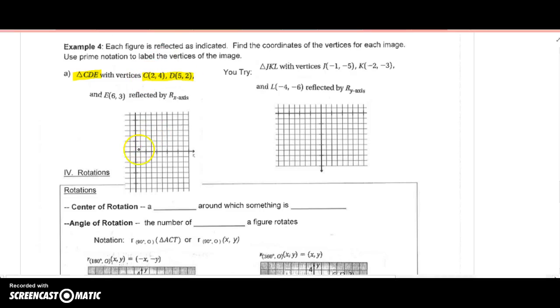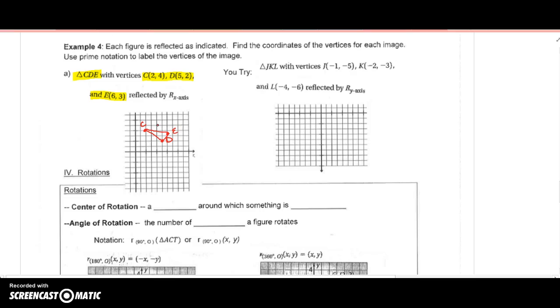And this is the original image. Oh, and then I've got a third point for my triangle, 6, 3. The triangle looks like this.